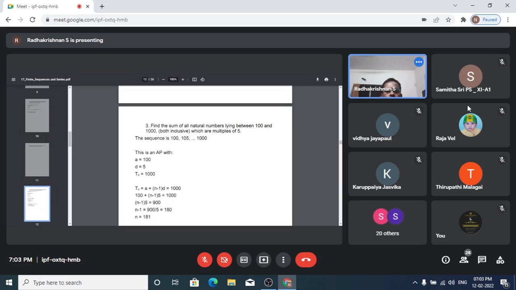So, okay, now that we have n equal to 181, how will you find out the sum of this series? Naturally, a formula for sum of the series? Sn is equal to n by 2 into (2a plus (n minus 1)d).